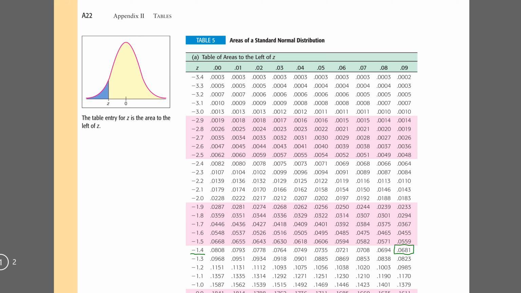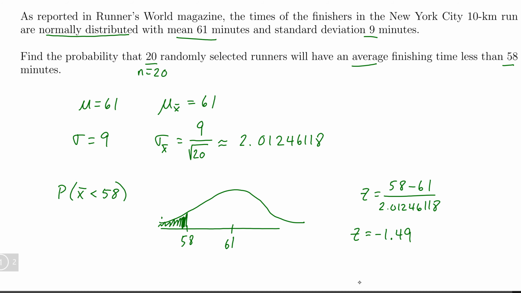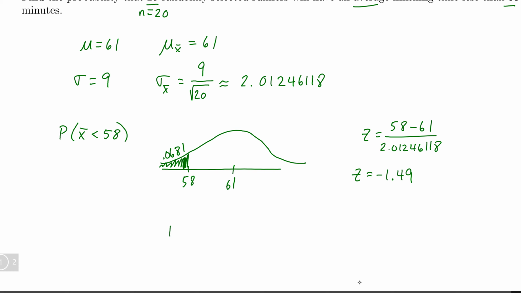Remember that this table gives areas to the left of any z-score. So we've just found that this shaded area is 0.0681. So we can conclude that the probability that 20 randomly selected runners will have an average finishing time less than 58 minutes is about 0.0681.